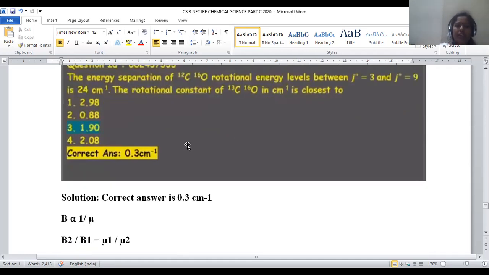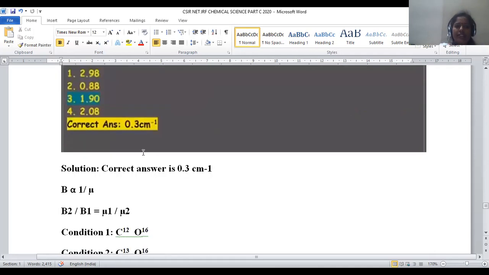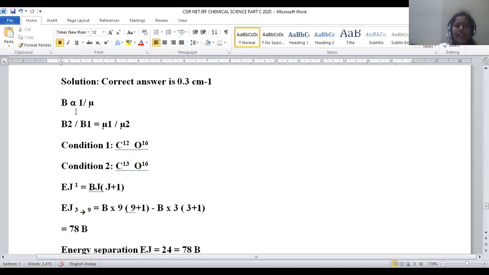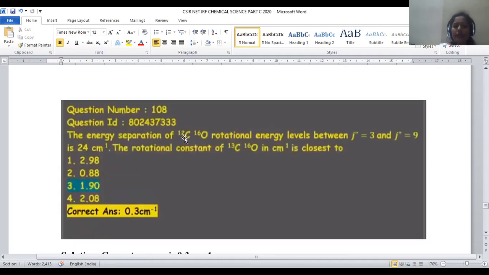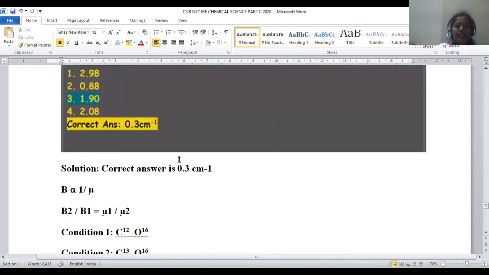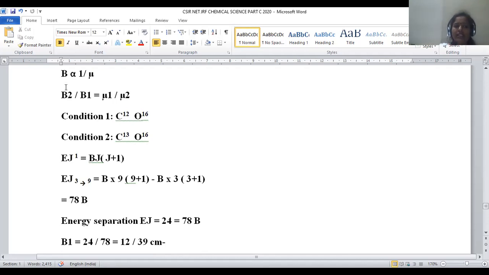For that purpose, B is always inversely proportional to mu. Mu is the reduced mass, and B is the energy separation between two spectral lines in microwave spectroscopy. If we take the ratio of both, because both atoms, carbon and oxygen, are provided, we have to consider B2 by B1.